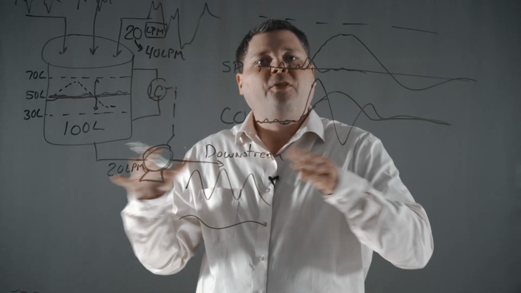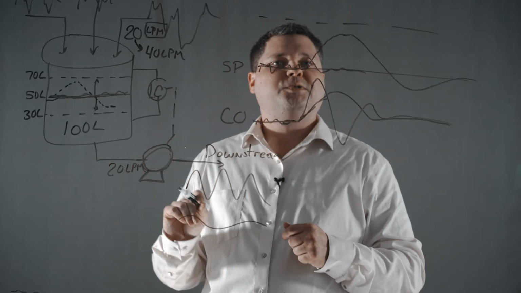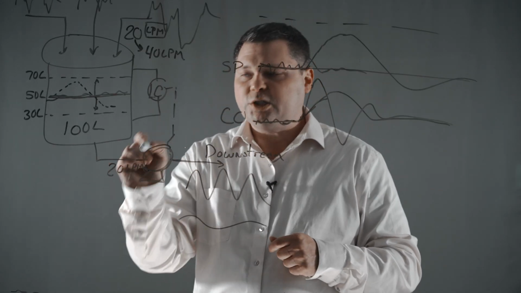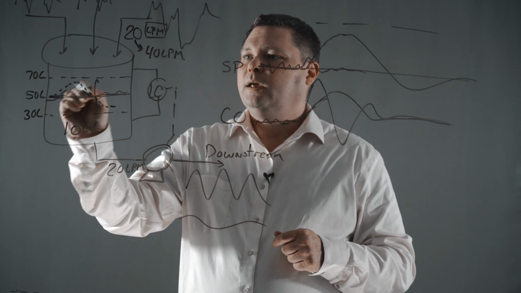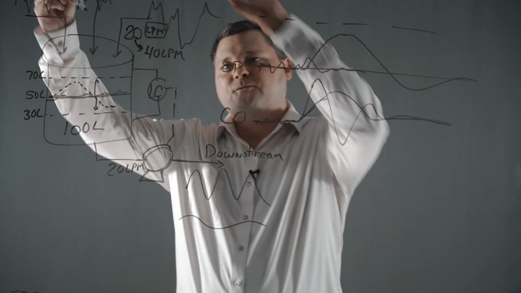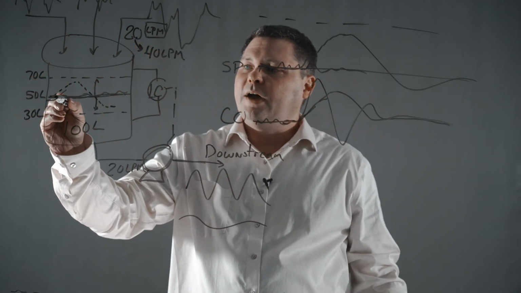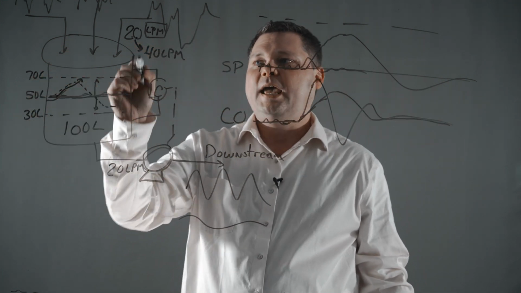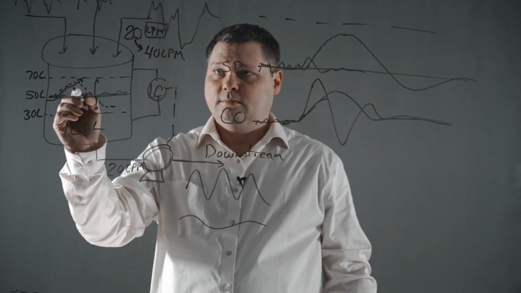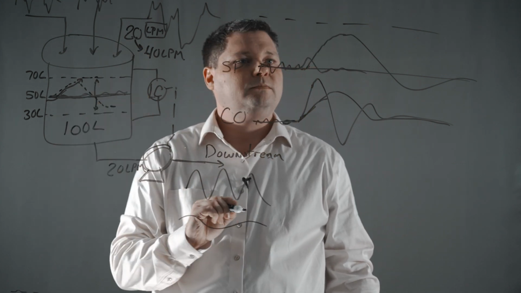If we did nothing at all, if we didn't change the pump speed, we left the pump speed just where it was at, and we did nothing, because there's a flow imbalance now, 40 liters per minute coming in, 20 liters per minute coming out, the level is going to rise. And it's going to take 1 minute until we hit this constraint.